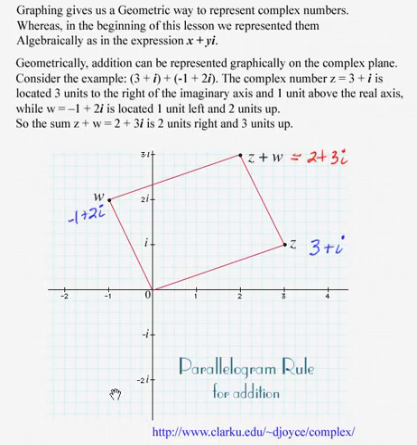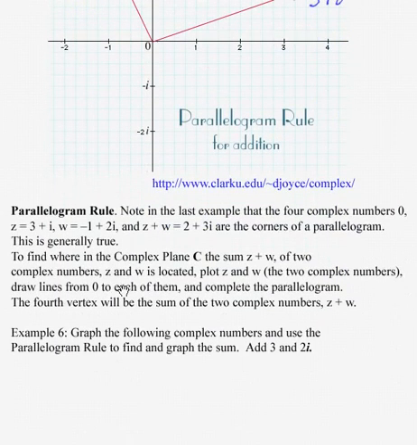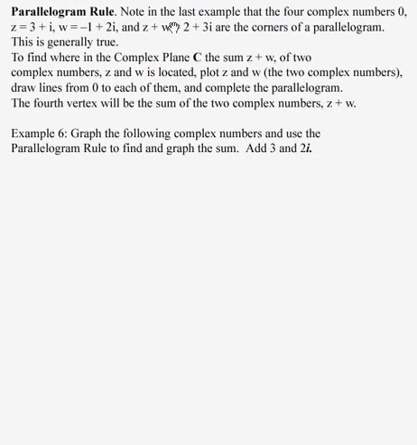And so this brings up our next point, which is the parallelogram rule for adding complex numbers. In that previous example, the 4 complex numbers, including the origin 0, 3 plus i, negative 1 plus 2i, and the sum 2 plus 3i are corners of a parallelogram, and that's generally the case.